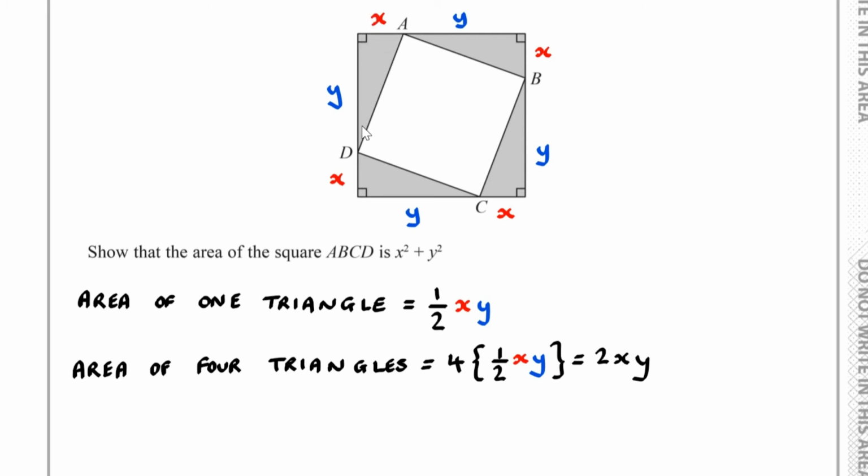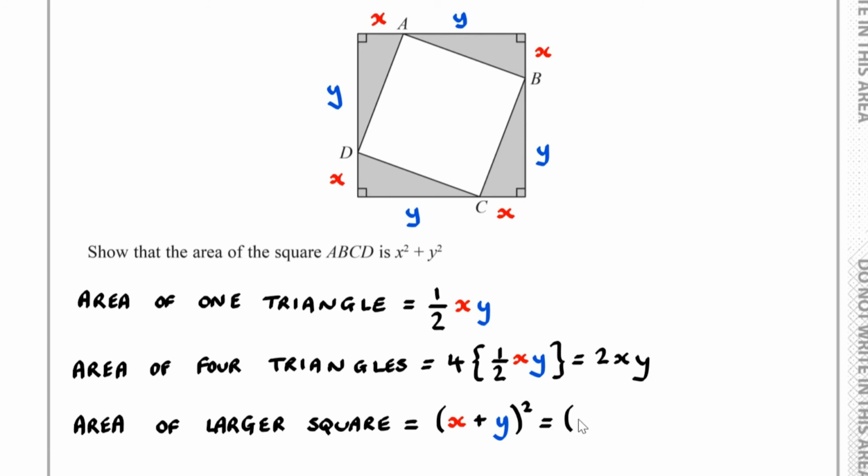Now what I can do is find out the area of the largest square. The area of the largest square, we've got x plus y all squared. So I've got x plus y times another x plus y, so we end up with x squared plus 2xy plus y squared.